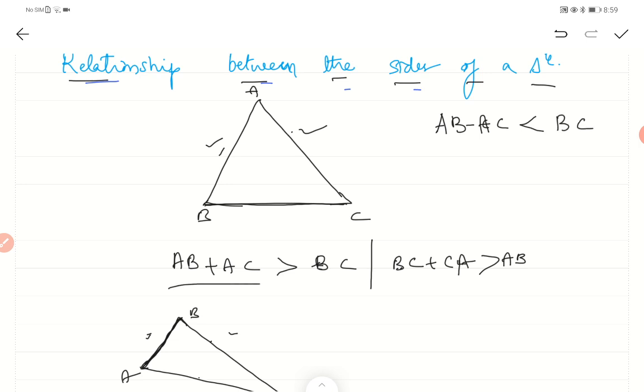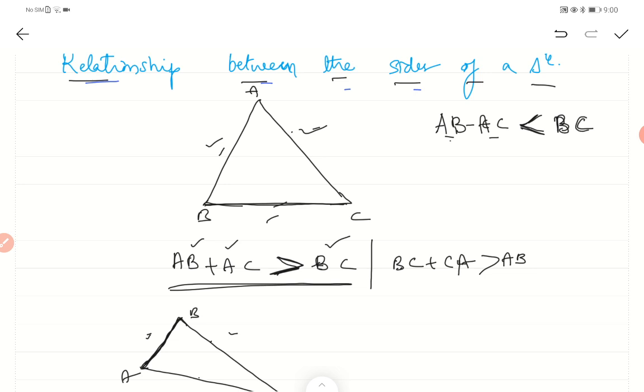Addition of two sides of a triangle is always greater than the third side, whereas subtraction of any two sides, not only AB and AC, is always less than the third side.